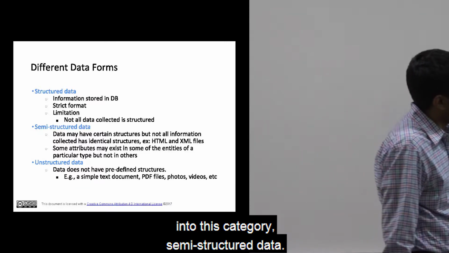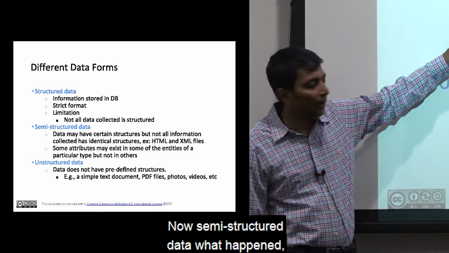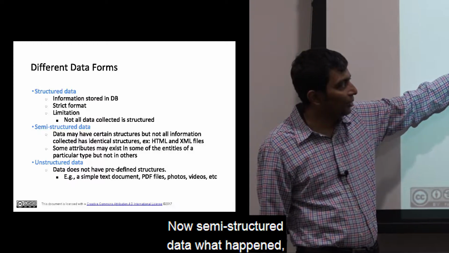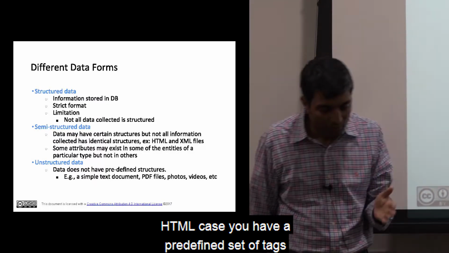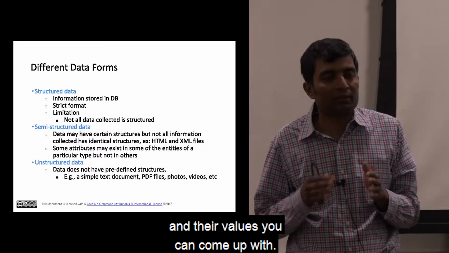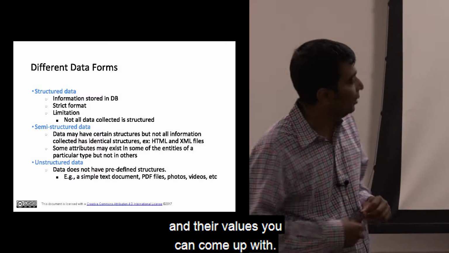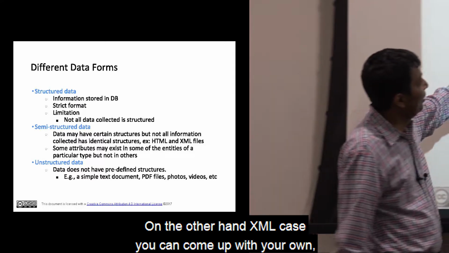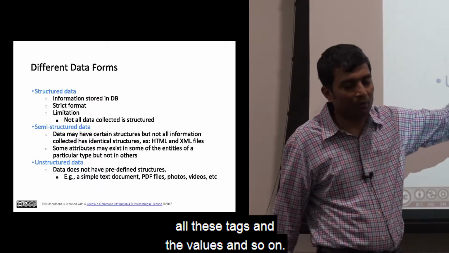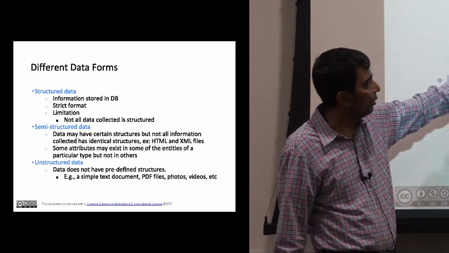In the HTML case, you have a predefined set of tags and their values. On the other hand, in the XML case, you can come up with your own tags and values and so on.